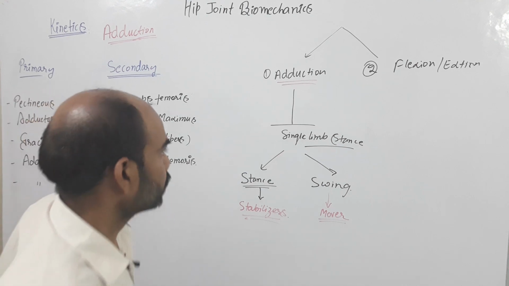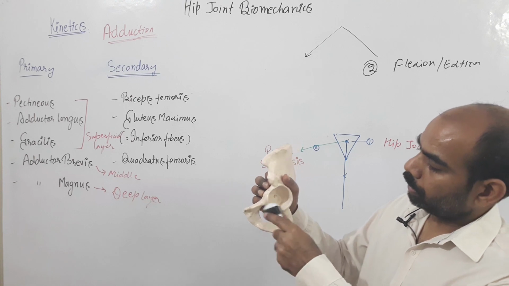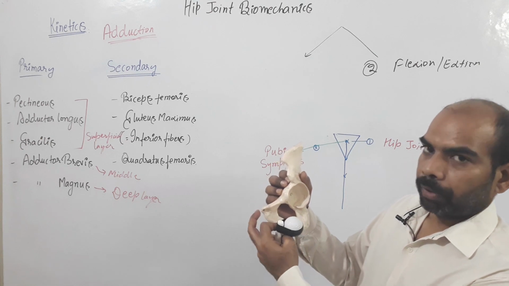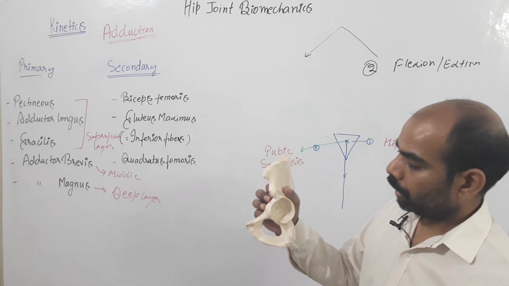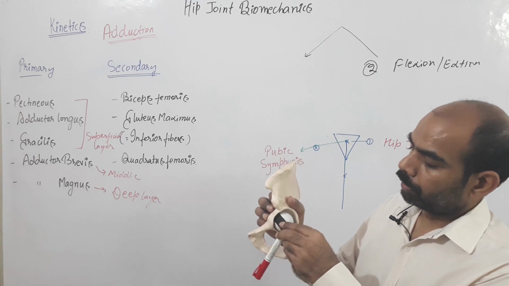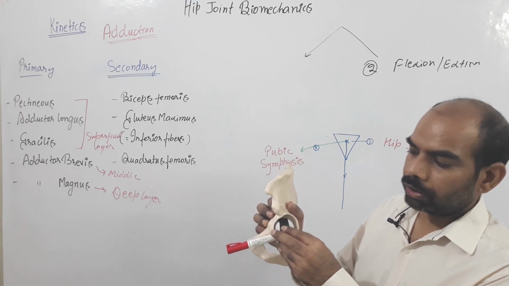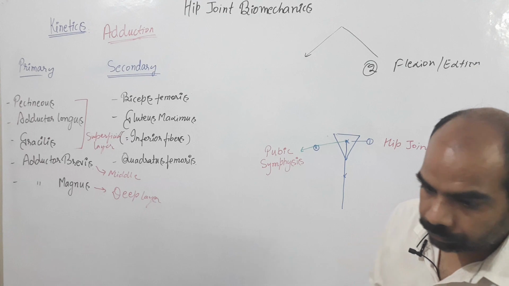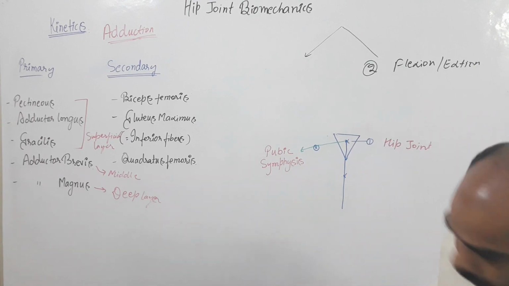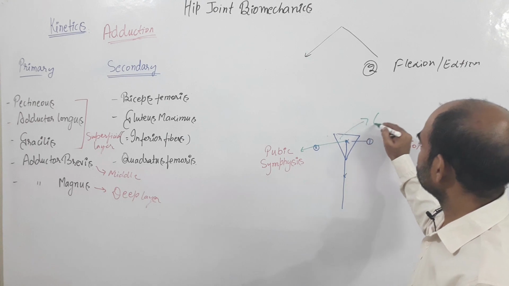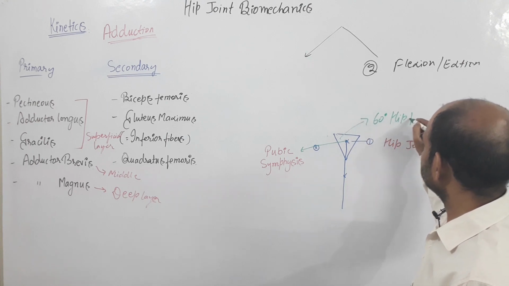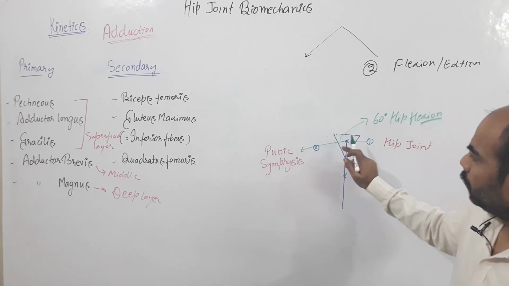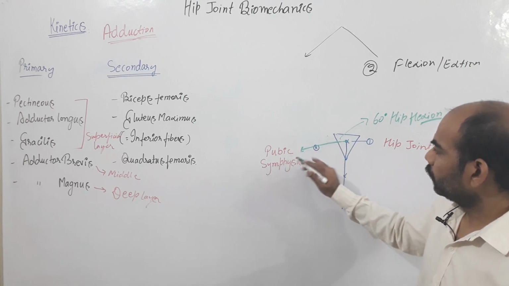The next movement is flexion and extension. Regarding the axis of the hip joint, this is the pubic symphysis and this is the adductor tubercle. When the hip joint is at around 60 degrees of flexion, the femur coincides with the pubic symphysis.